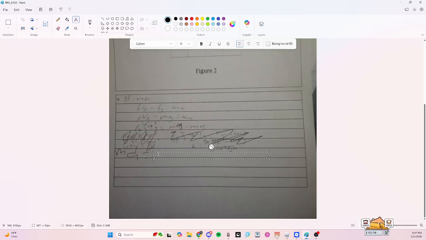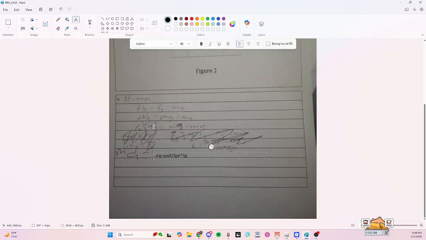minus mg plus rho_w times 4 over 3 pi r cubed times g equals ma.